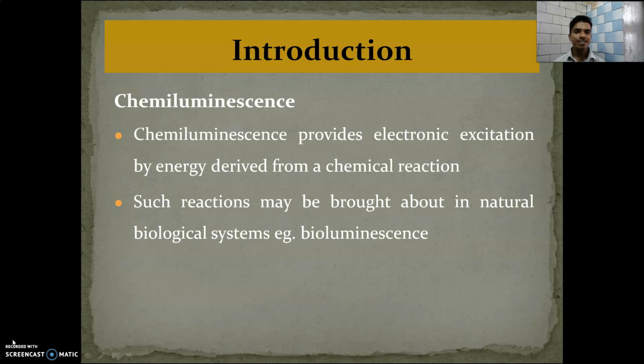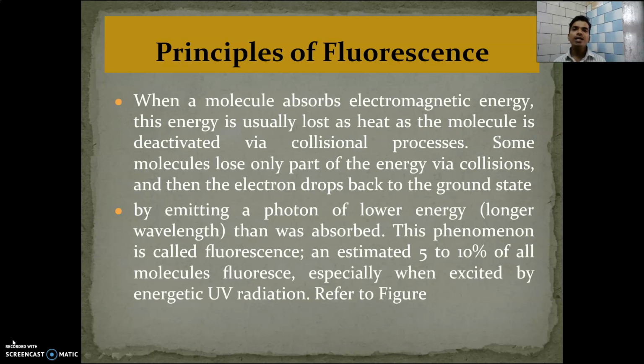So first we get an idea of what fluorescence, phosphorescence and chemiluminescence are. Then the important thing related to this phenomenon is the principle of fluorescence. When a molecule absorbs electromagnetic energy, this energy is usually lost as heat as the molecule is deactivated via collision processes.